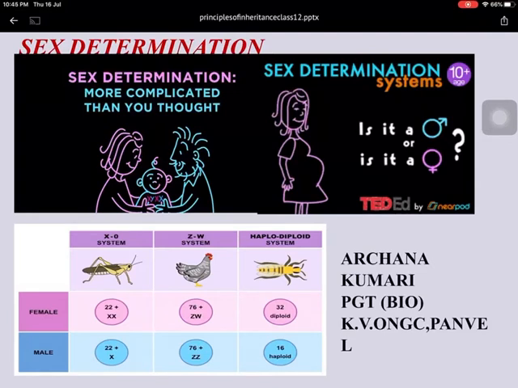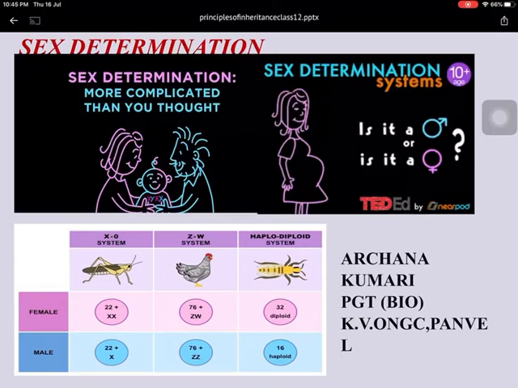Now here I have provided you one picture. The first picture is related to the grasshopper. That sex system is known as the X0 system. X0, what does it mean? Female has XX chromosomes. As you know, 22 pairs of chromosomes pass to the offspring, but the sex chromosomes divide at the time of meiosis, segregate from each other, and only one chromosome goes to the formation of the zygote, and after fertilization the number of chromosomes is resumed again.